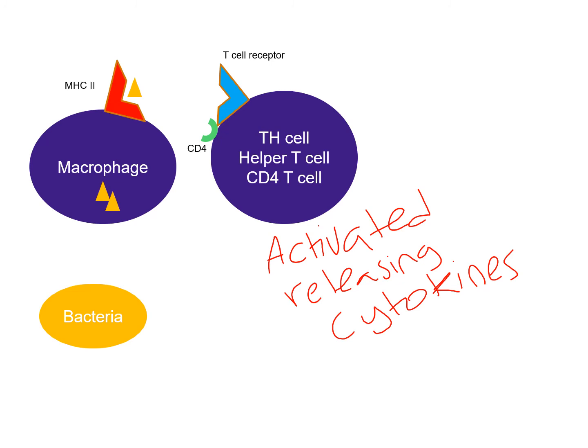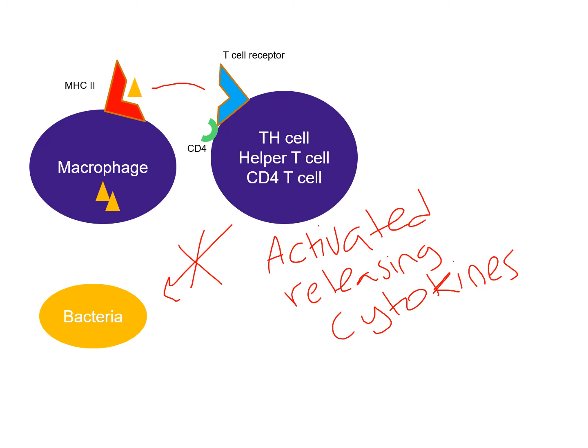So one more time, helper T cells cannot directly bind to a pathogen. They cannot directly bind to a pathogen found within your tissues, found within your plasma. They just can't. The only way they can be activated is when they bind to the MHC2 found on one of the antigen presenting cells.